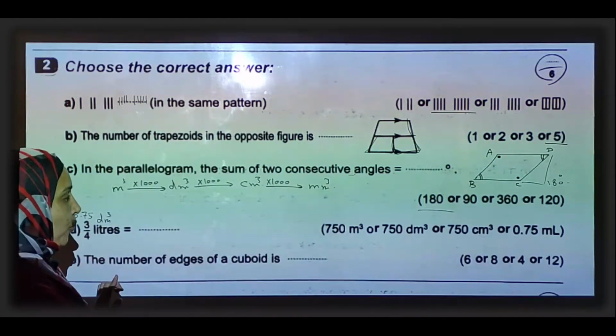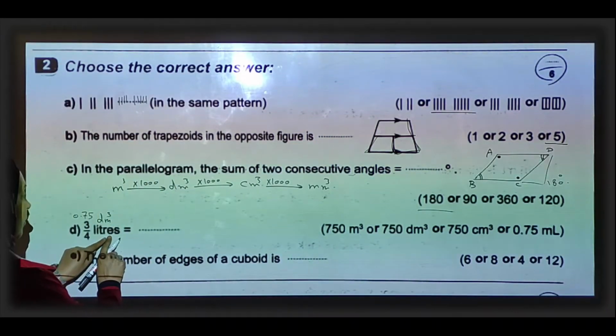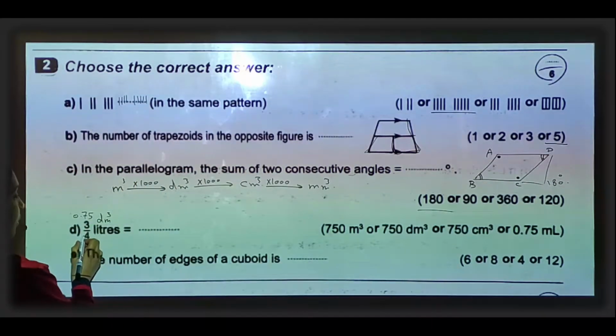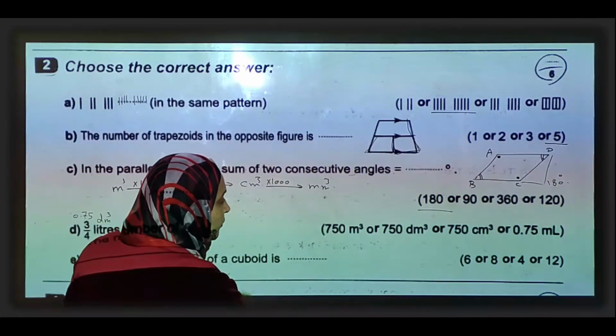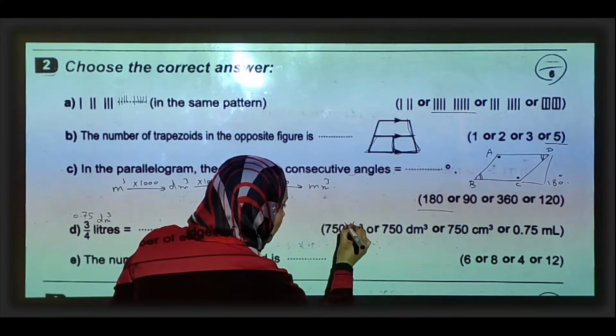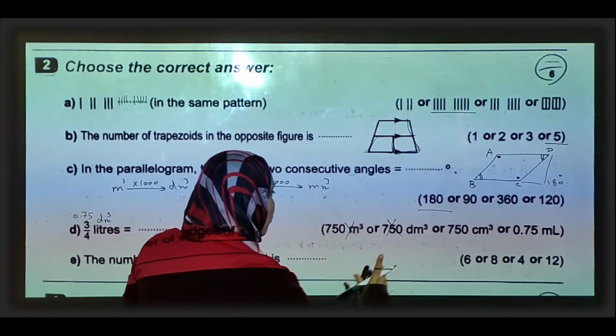0.75 decimeter cube. Converting to meter cube, we divide by 1000, not get 750. This is wrong. This also is wrong. 750 centimeter cube.